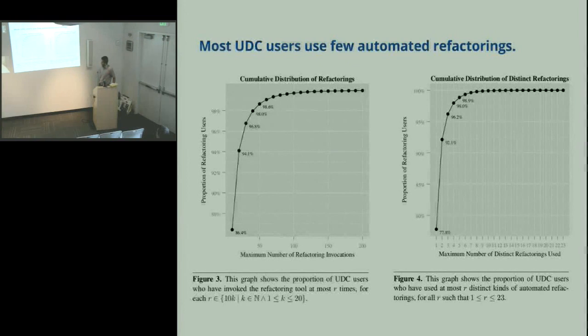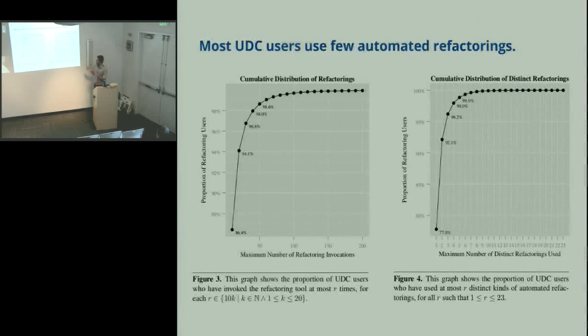So we wanted to see how people perform complex changes. We hypothesized that a way to do it would be to compose several smaller refactorings. We were mostly interested in more expert refactoring users, because we hypothesized that they are the ones who do complex changes using the tool.